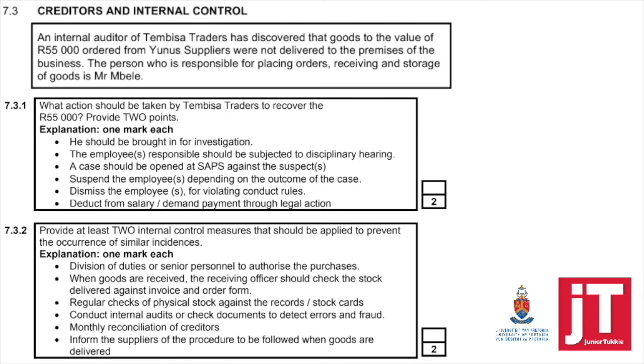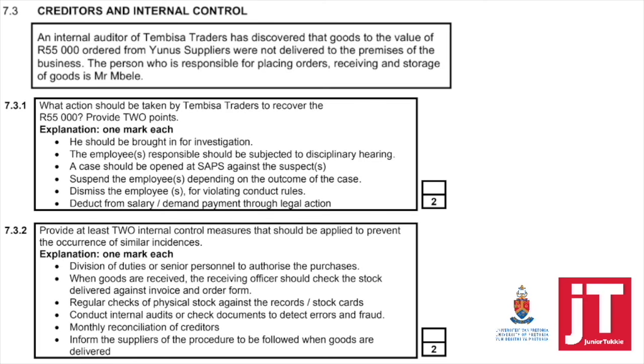Now, if you look at the next question, provide at least 2 internal control measures that should be applied to prevent this type of thing happening again. Division of duties or senior personnel to authorize the purchases. When goods are received, the receiving officer should check the stock delivered against the invoice and order form.